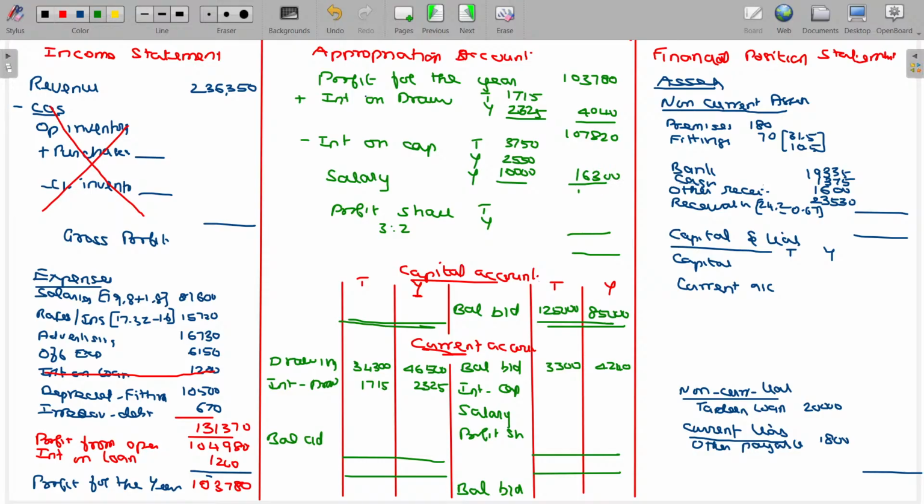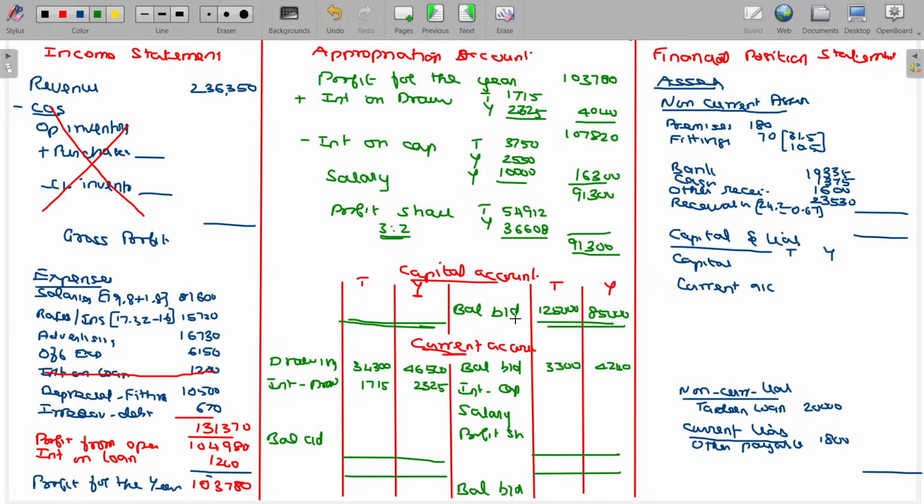The amount meant for appropriation being 91,520 should be apportioned between these two partners in their ratio 3:2. T will get 54,912. Y will get 36,608.